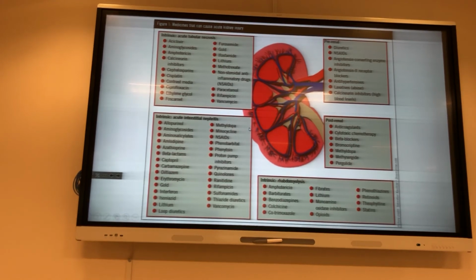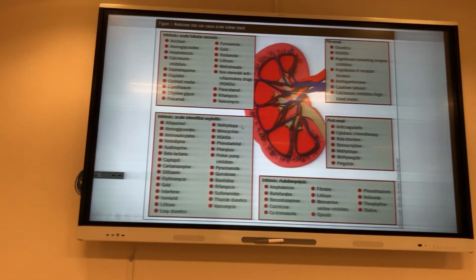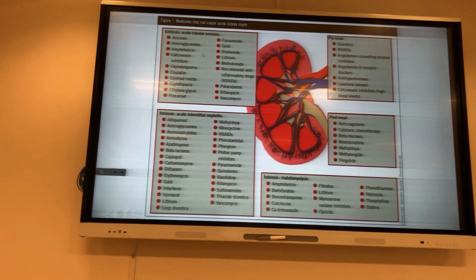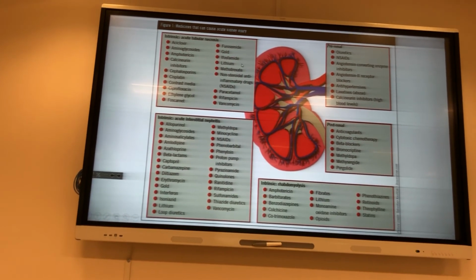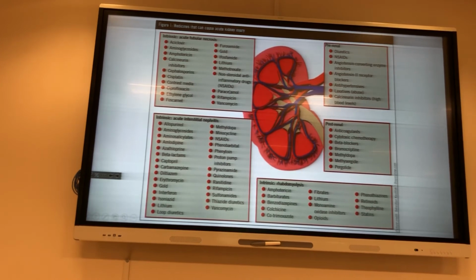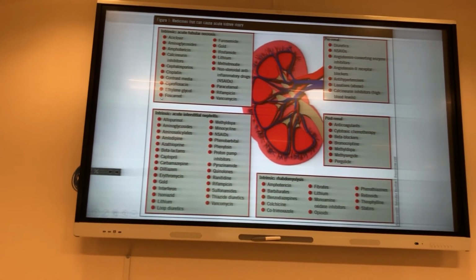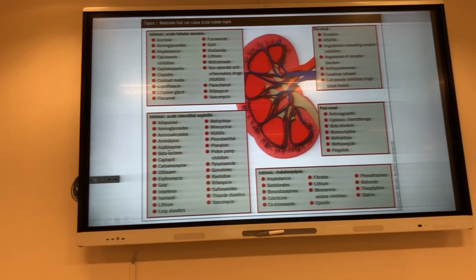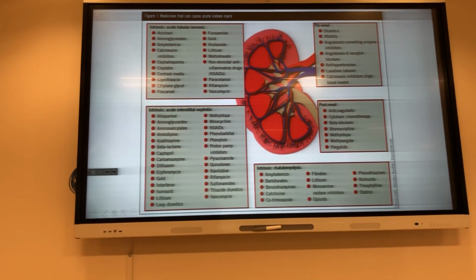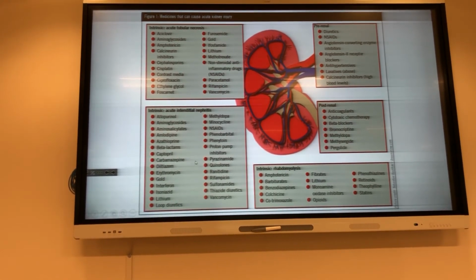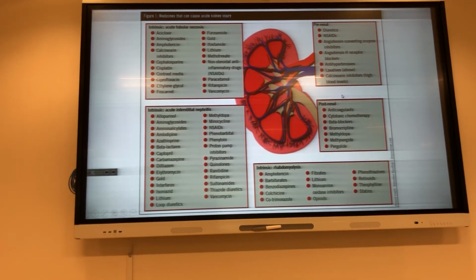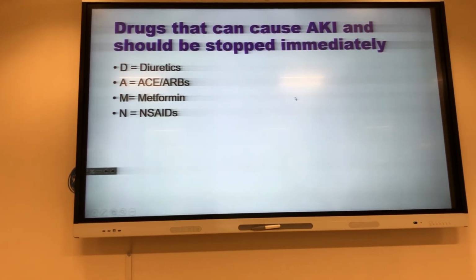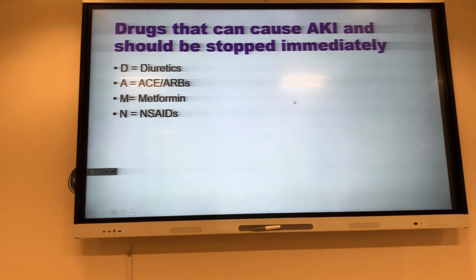The most common ones are antibiotics like aminoglycosides, acyclovir, lithium, methotrexate, NSAIDs, allopurinol, immunosuppressant drugs, gold treatment, and loop diuretics. So these are all the drugs, but you don't have to memorize them. It's just to know that there are quite a few.